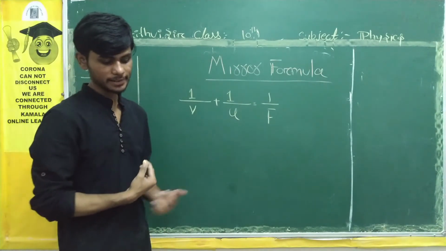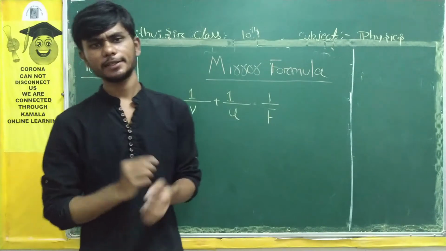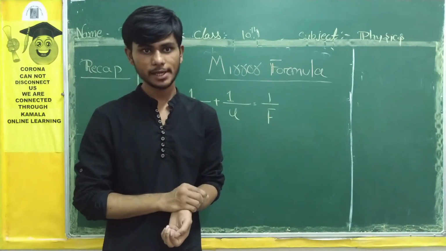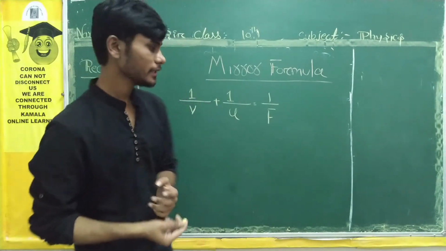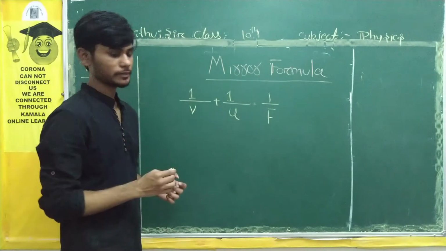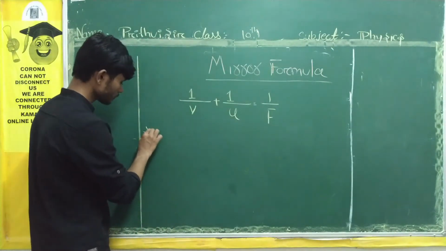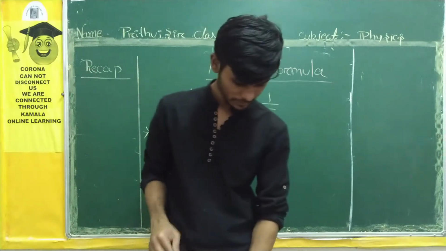Regarding this, let me give you one small numerical. I hope from there you will be clear and will try to do it by yourself. The numerical is from a book.